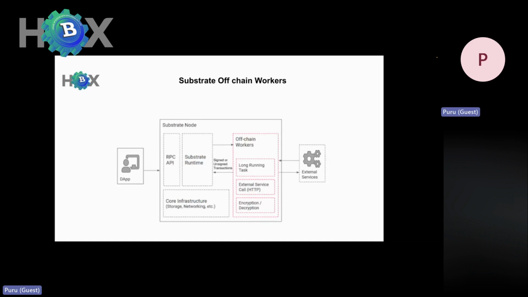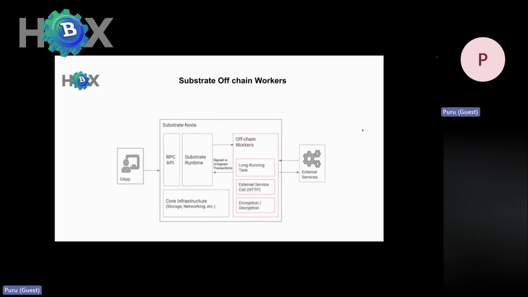So what we will do is use off-chain workers, and an off-chain worker will help with, say, a long-running task or an external HTTP service or encryption/decryption, right? In this case, we will use off-chain workers provided by Substrate to perform a long-running task, running an AI model on a GPU machine that has been rented to the network.